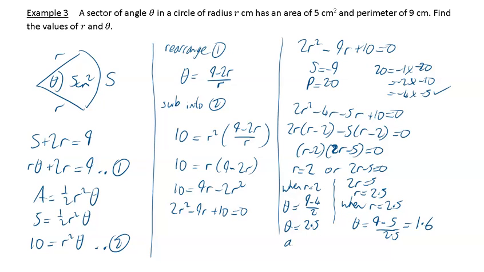So your answer for this one, you've got r is equal to 2, and the corresponding value of theta was 2.5. Or you could have r is equal to 2.5, and the corresponding value of theta was 1.6.